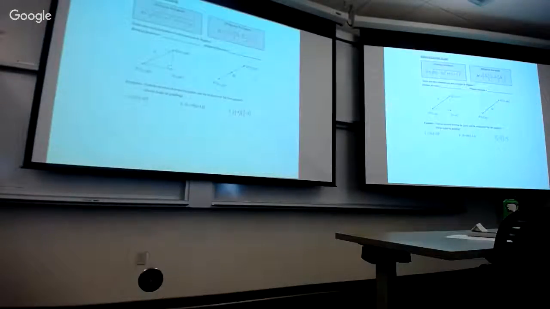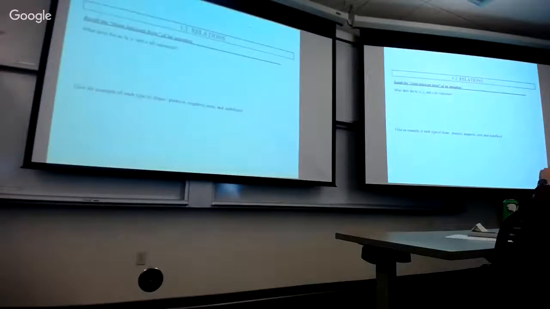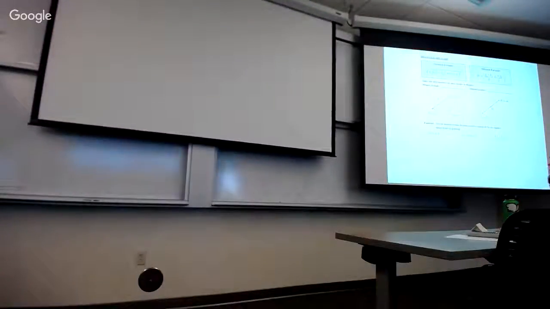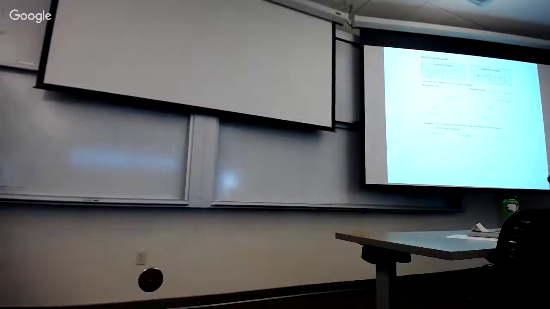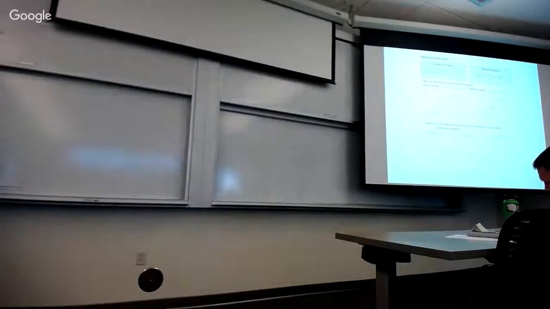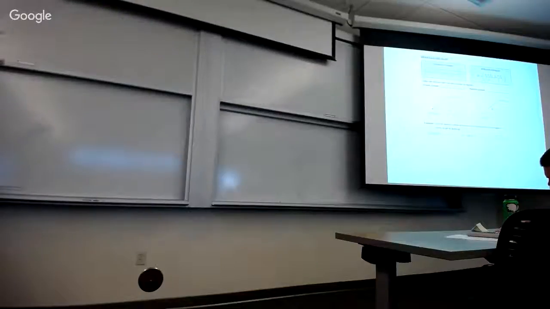So I believe this is the last concept in section 1.1, and that is the distance formula and the midpoint formula. Oh, I guess I'm done with this middle board now. Up at the top of your page, you have the distance formula and the midpoint formula.